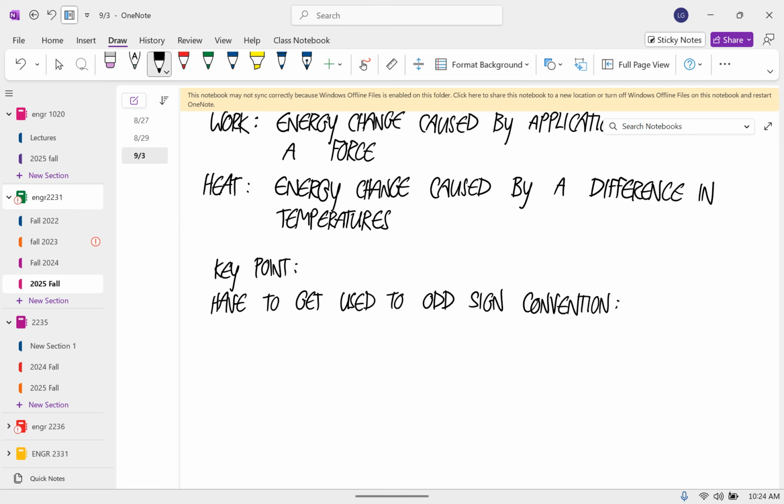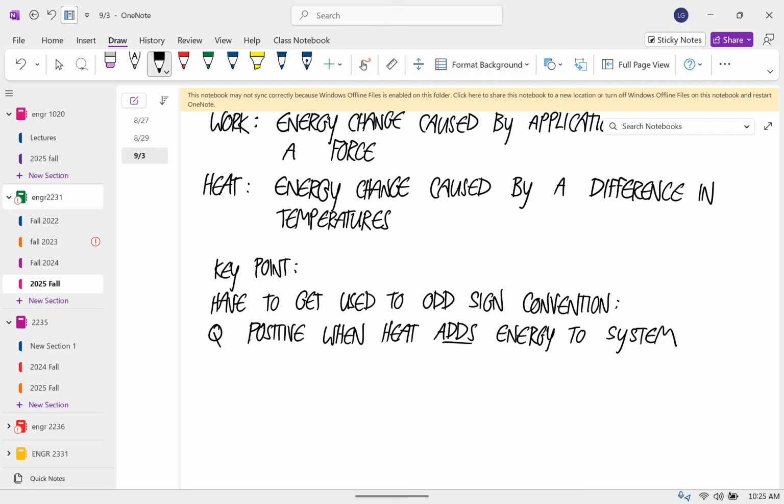And that is that Q is positive when heat adds energy to your system, and W is positive when work removes energy from your system or adds it to the surroundings.